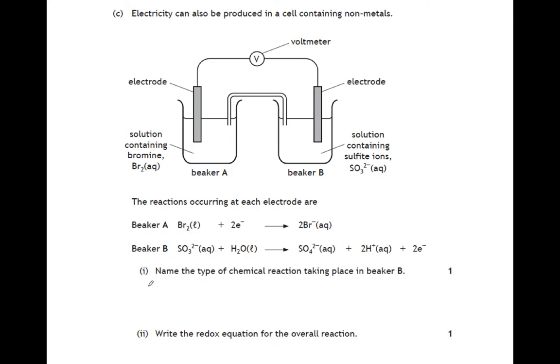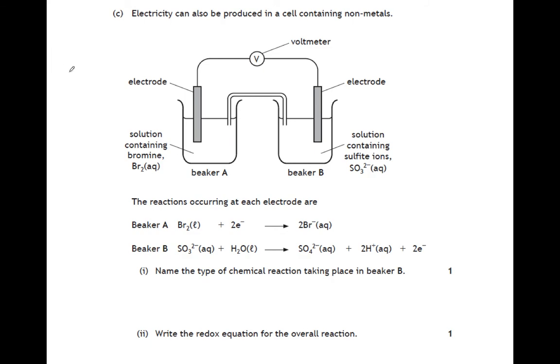Beaker B, SO3 2 minus plus water gives SO4 2 minus plus 2H plus ions plus 2 electrons. Name the type of chemical reaction taking place in beaker B.